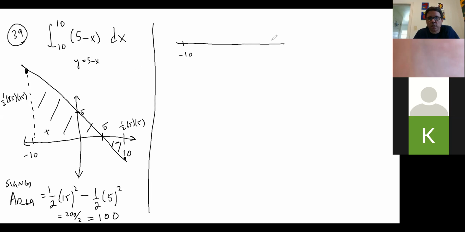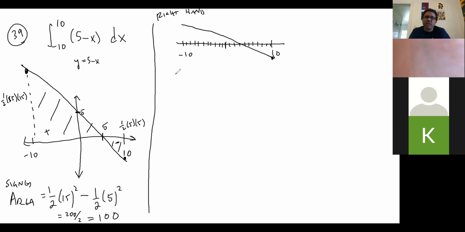From -10 to 10, and now I want to do this using the right hand. And I'm just going to skew it a little bit so I can fit it all up here. Then what I'm going to want to do is chop my interval into a bunch of pieces.